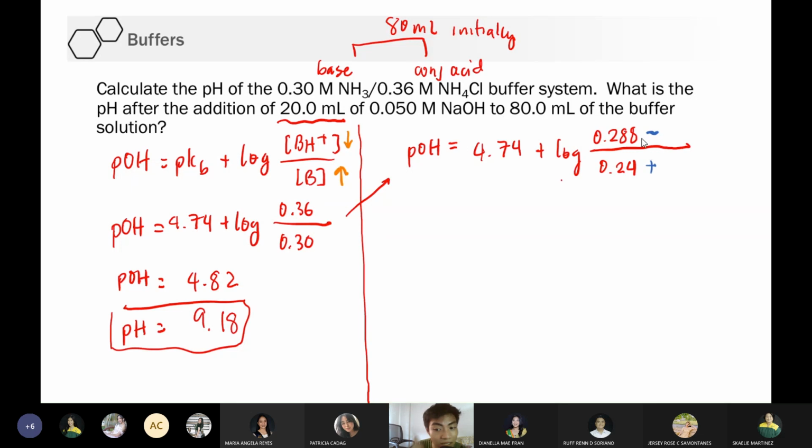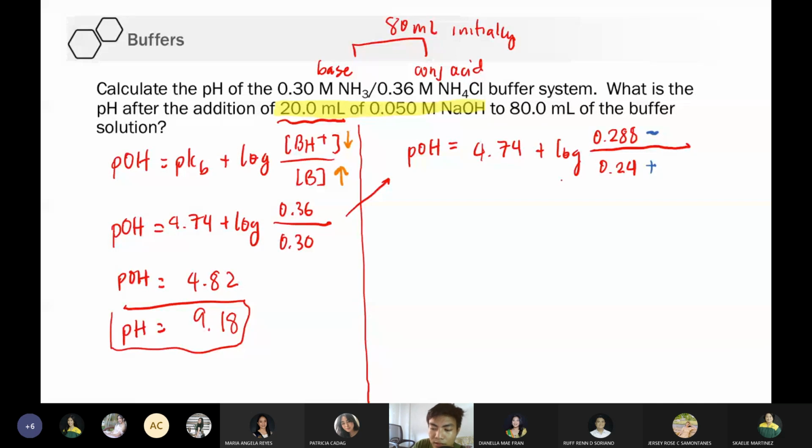By how much? Alamin natin kung ano yung molarity ng base na dinagdag sa atin. So, from this info here, let me highlight. You are given 20 ml of 0.05 molar sodium hydroxide.